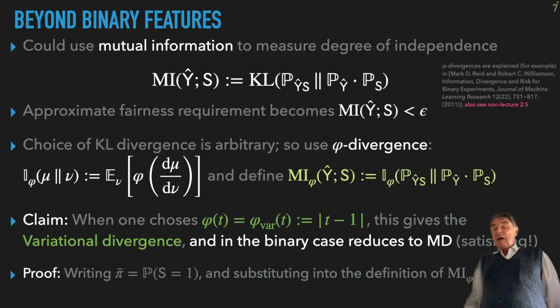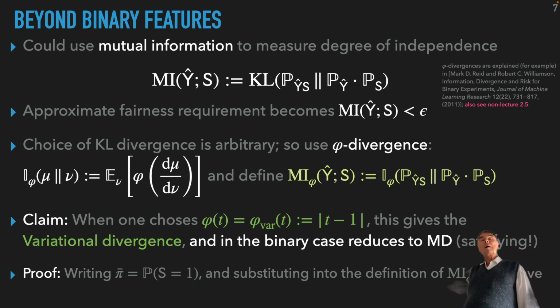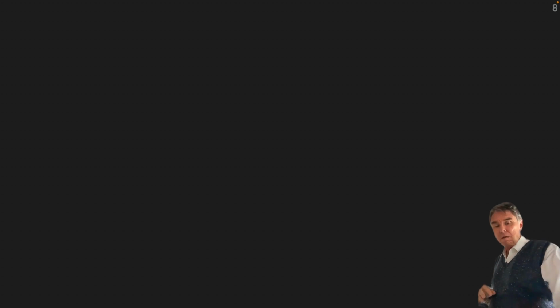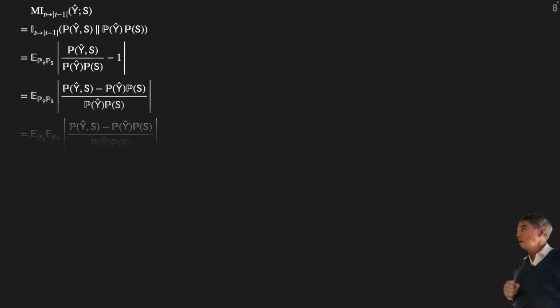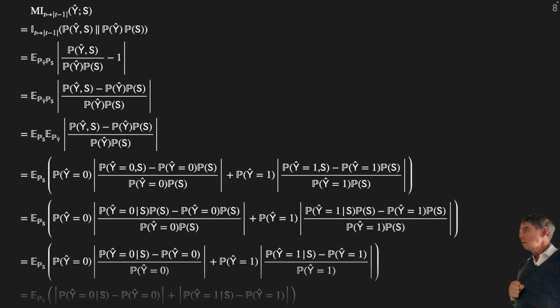The proof of this is extremely straightforward to check, but it might daunt you to go and look at it. All you have to do, I've given you everything that you need, is substitute in. It's easy. You just do the calculation.